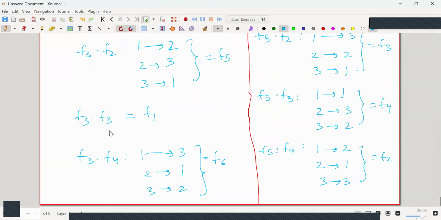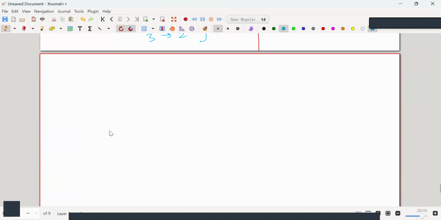Now what is F5 composed with itself? So F5 maps 1 to 2, and then 2 is mapped to 3. So 1 will be mapped to 3, then 2 will be mapped to 1, and 3 will be mapped to 2. So this is F6. Okay.